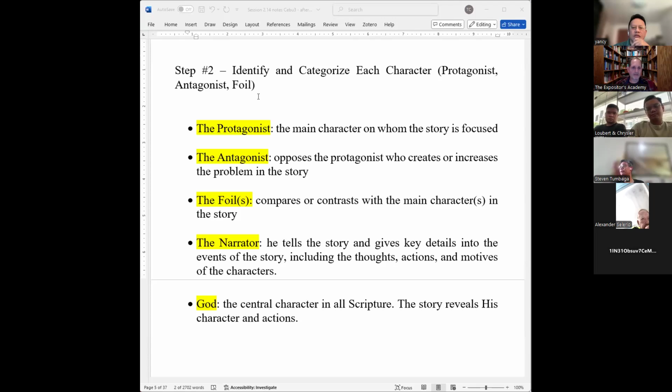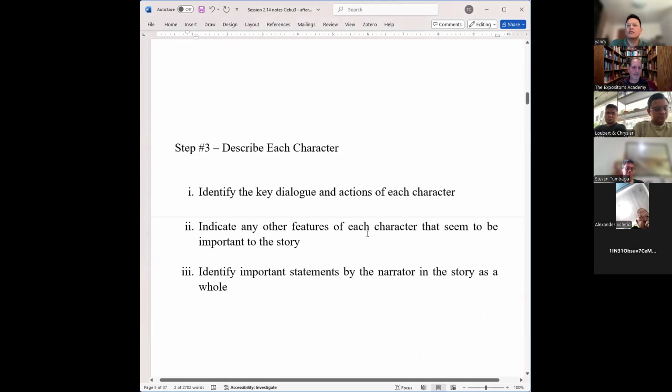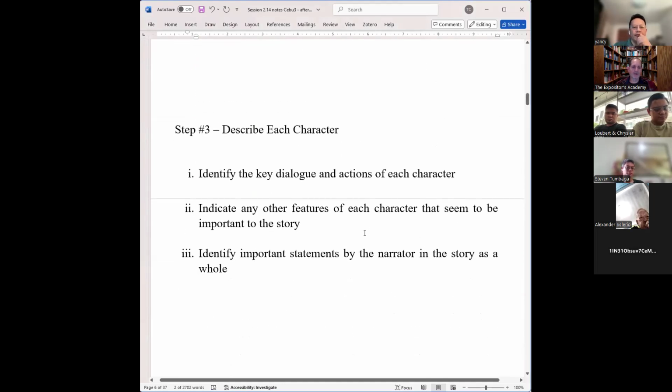So we identify each of the key characters in the story, and then we want to describe each character. Now, this doesn't mean, if you're doing Ruth chapter 3, okay, tell me something about Boaz. Well, Boaz is a nice guy, and he shows kindness in the story.